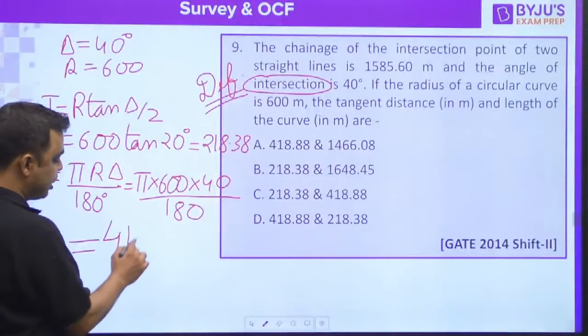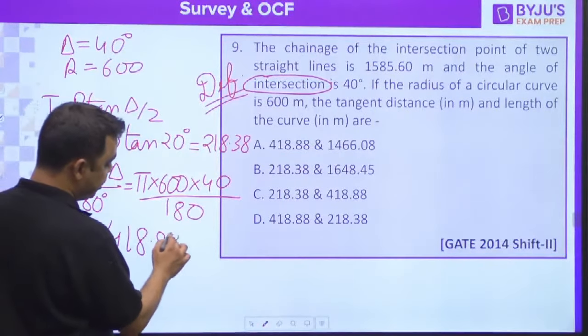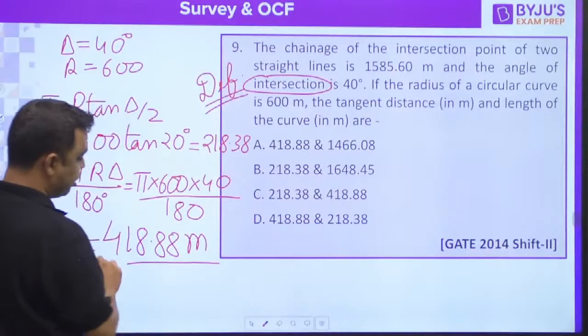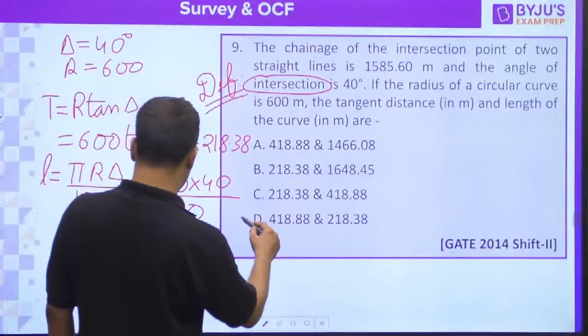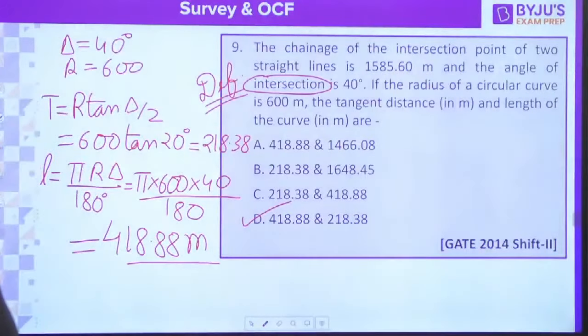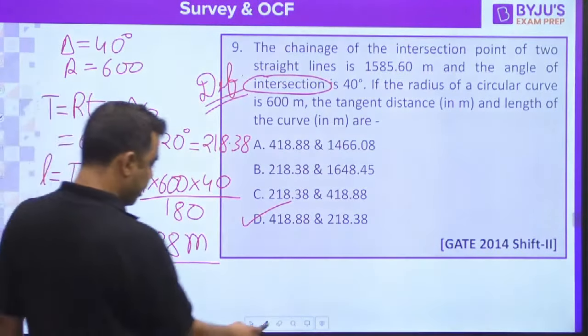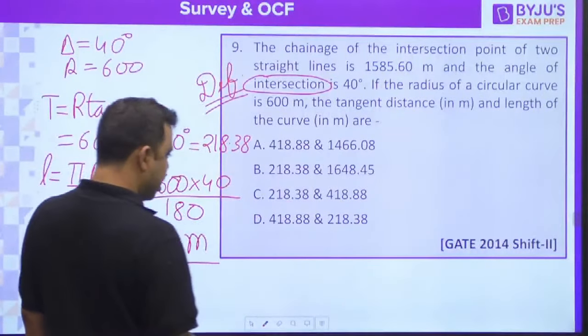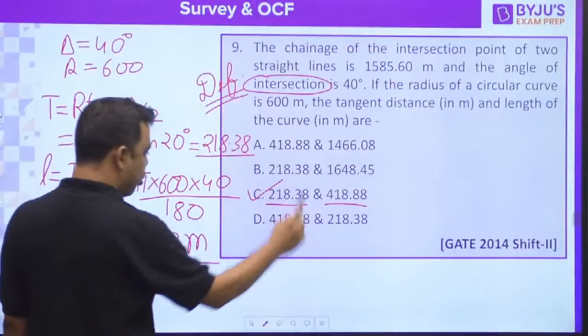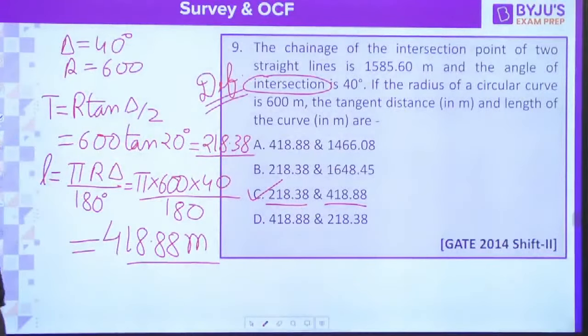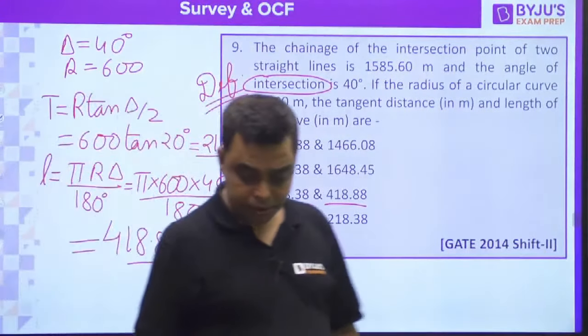So the answer will be option D. No, I'm sorry. See, 218.38 and 418.88. Option C. In option D, these are just the other way around.